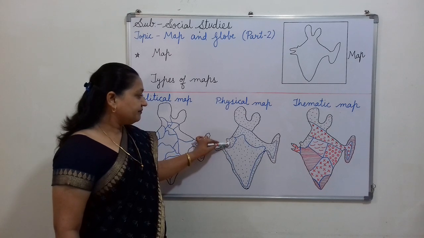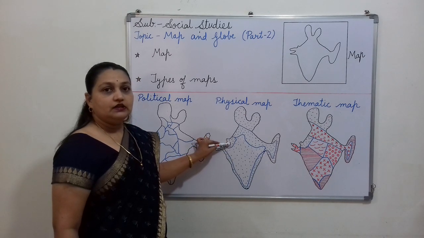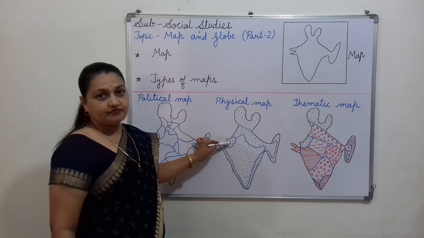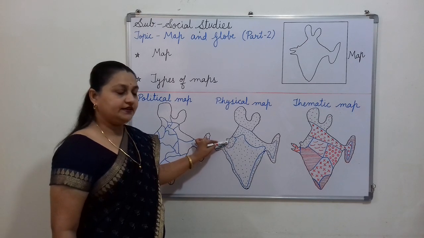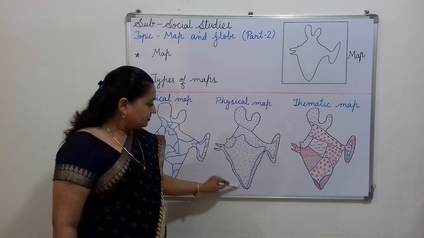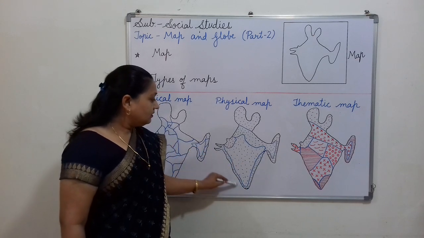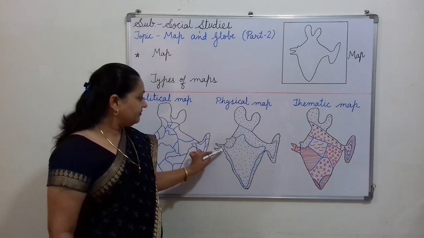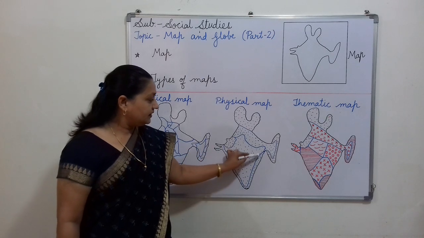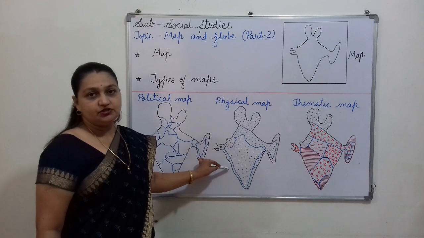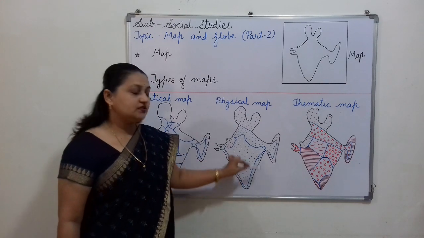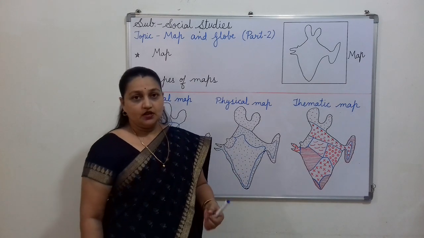Here this area is showing the desert area of our country. Now on the coast of India, the green dotted area is there, so it is showing the coastal plains of India.